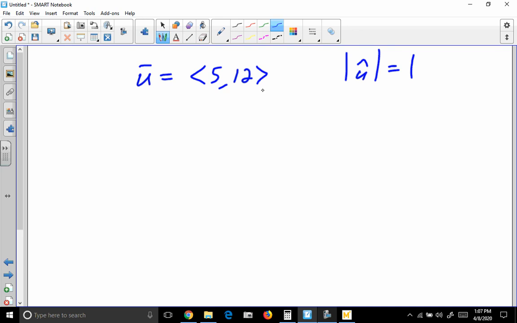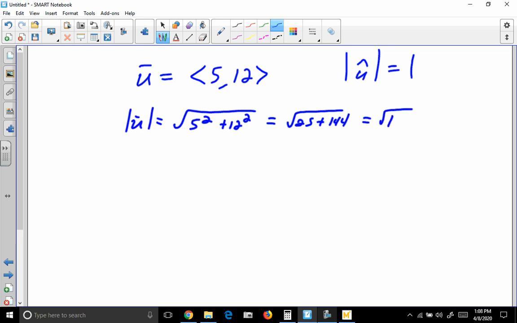So we want to change the distance to being 1. So we need to find out, how long is this to begin with? So the magnitude of u is the square root of 5 squared plus 12 squared. So the square root of 25 plus 144, which is the square root of 169, or 13.